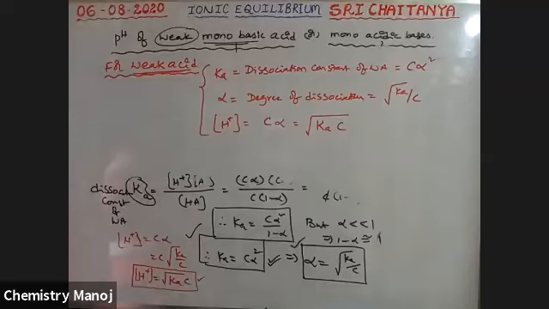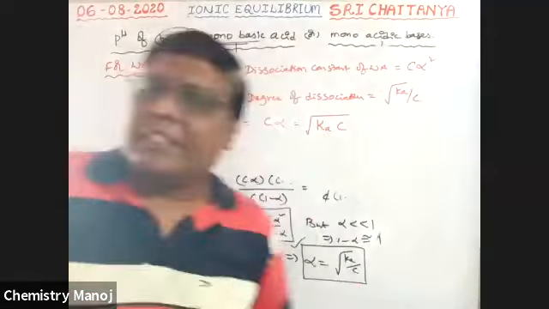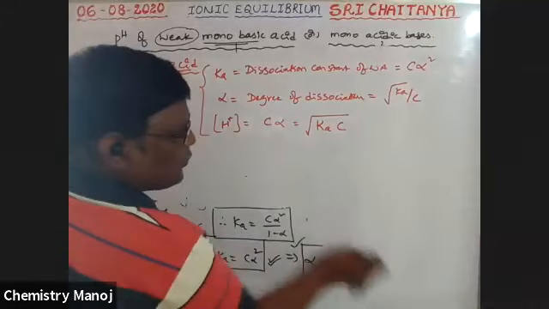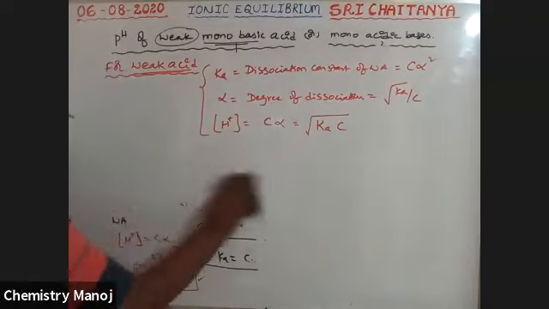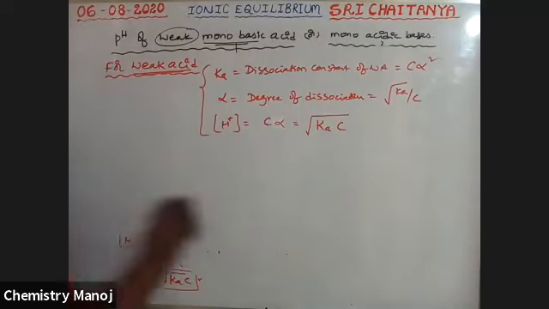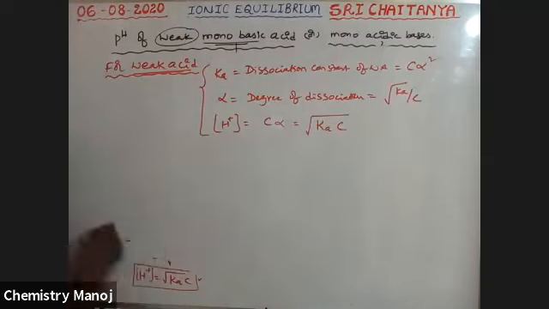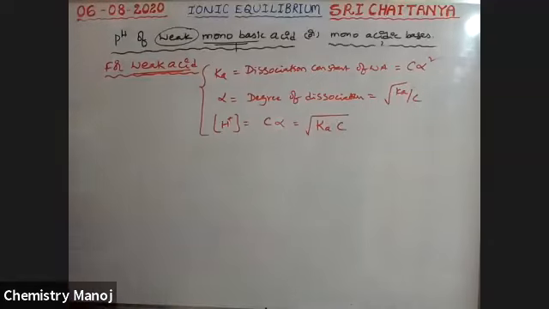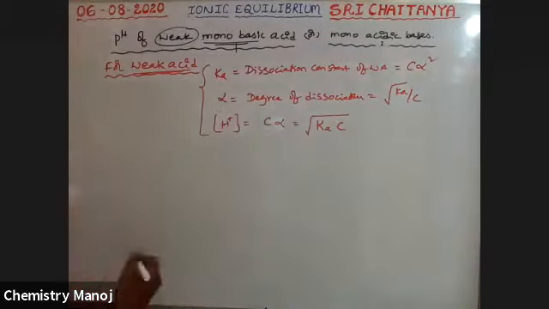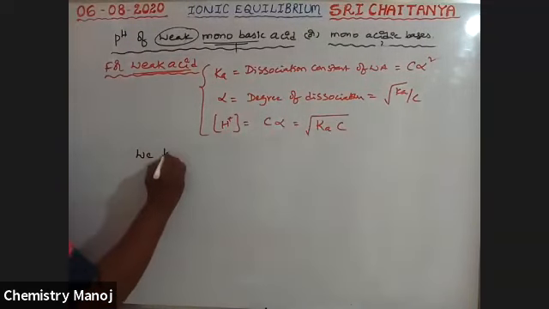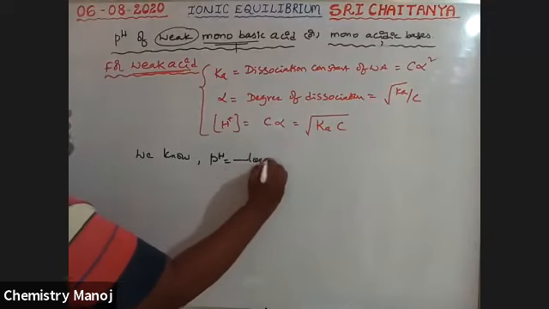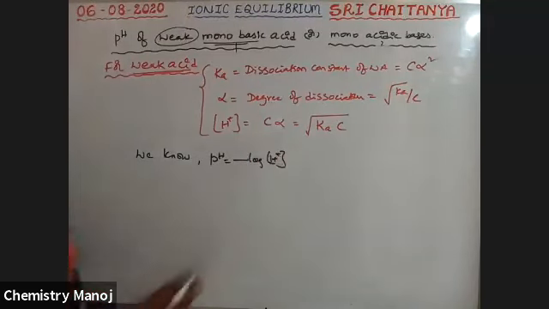Now our target is to calculate the pH of this weak acid. We know pH is equal to minus log H plus concentration.